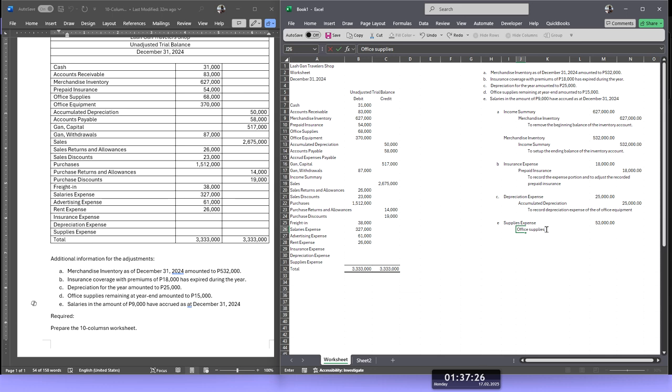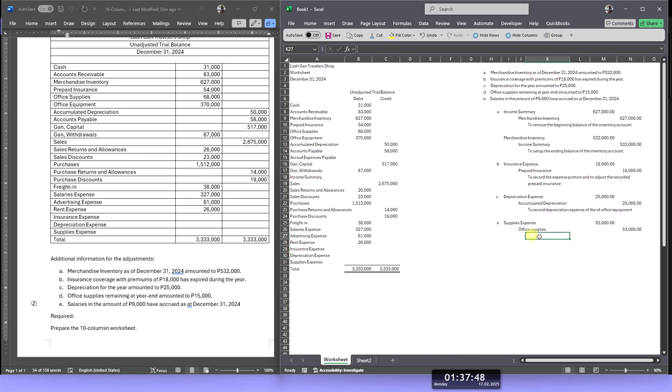So credit office supplies 53,000. So after posting this entry, the balance of the office supplies will become 15,000, which is equal to the remaining office supplies at the end of the year.